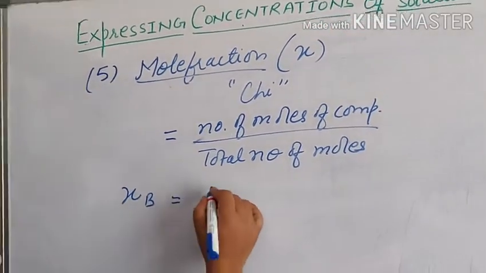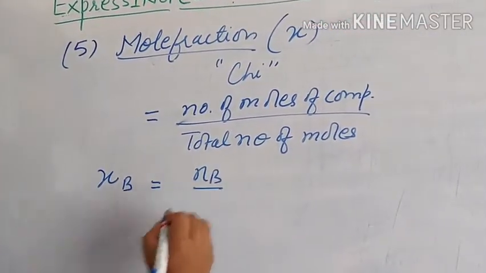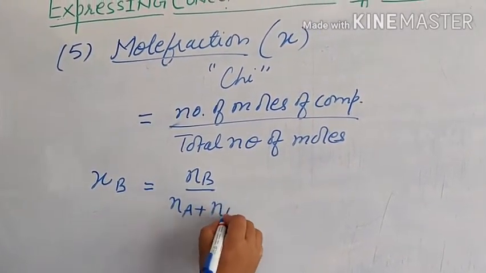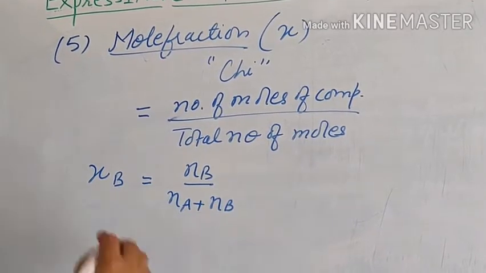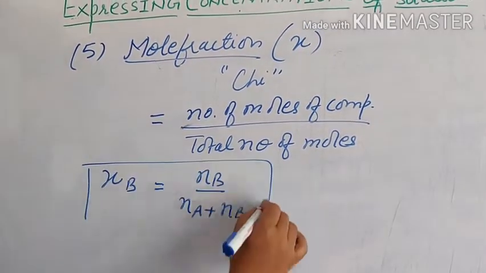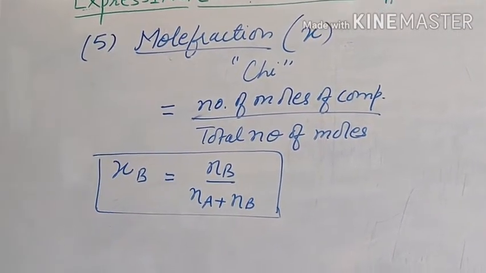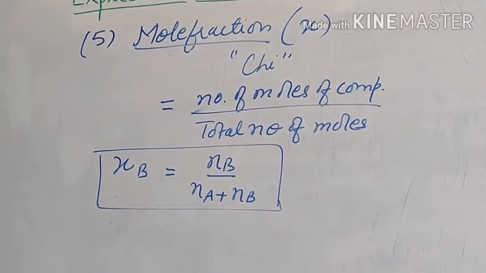then it will be equal to the number of moles of the component B upon total number of moles, that is Na plus Nb. So for a binary solution, chi B may be calculated using this formula: chi B is equal to Nb upon Na plus Nb.